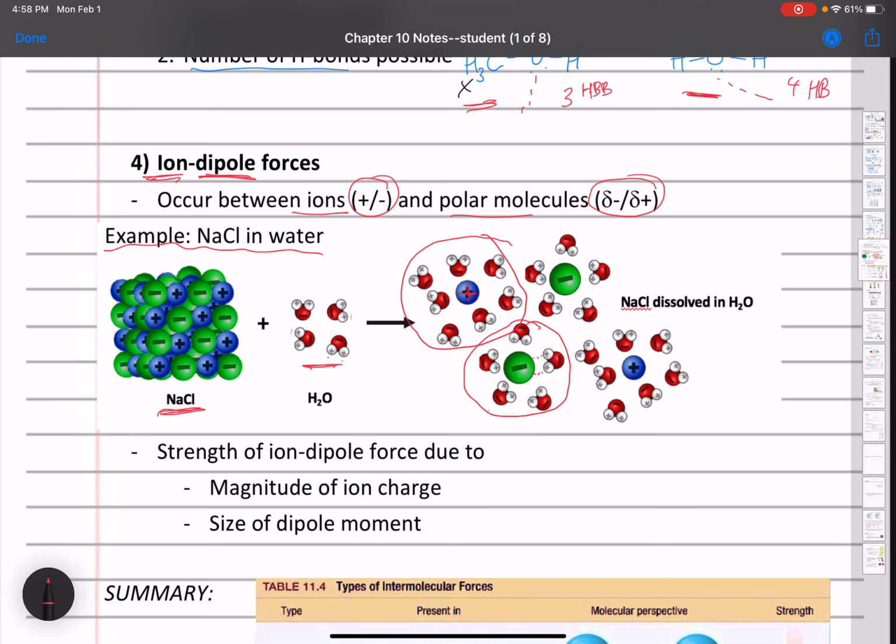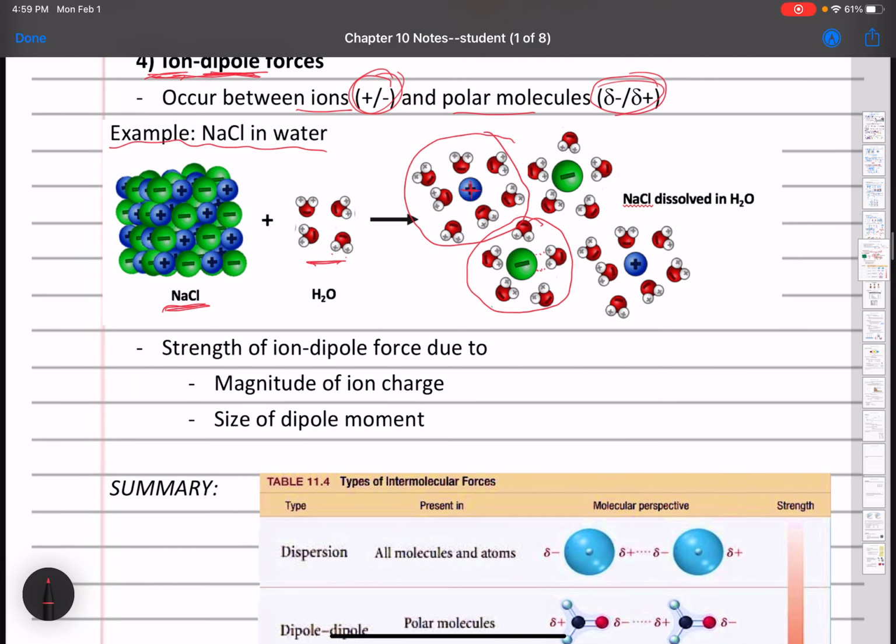So these attractions are called Ion-Dipole Attractions. So they're kind of a little bit like hydrogen bonding, but just stronger because it's not between 2 partial charges, it's between a partial charge and a full charge. So the strength of ion-dipole forces are going to be due to the magnitude of the ion charge.